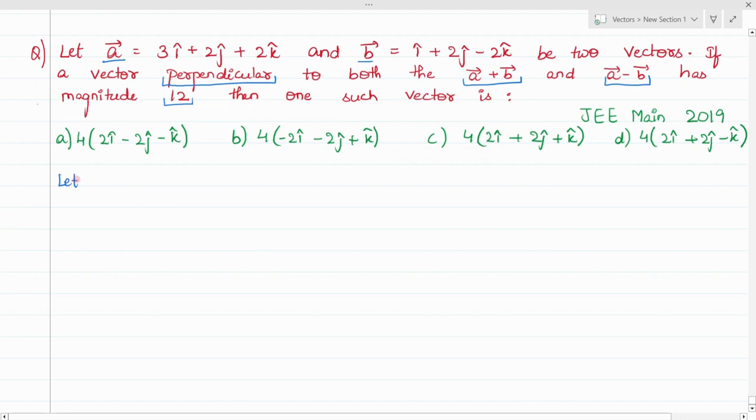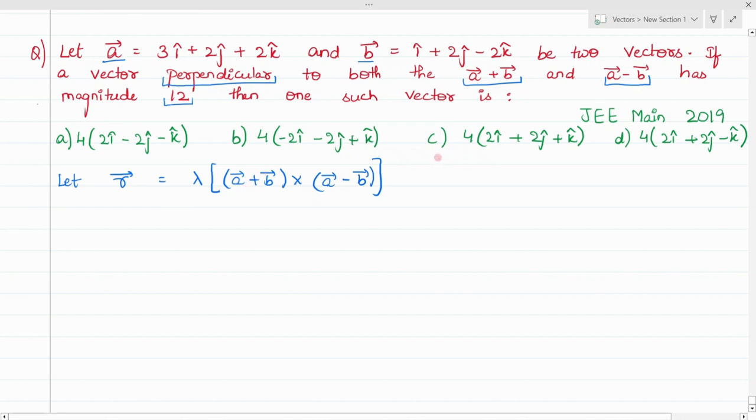Let's assume the vector is R. It is lambda times of A plus B cross A minus B. This we have already discussed: if a vector is perpendicular to both of the vectors, then we can write it as lambda times of U cross V, where U and V are the vectors. Lambda is a scalar quantity.